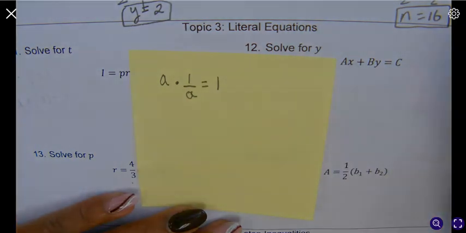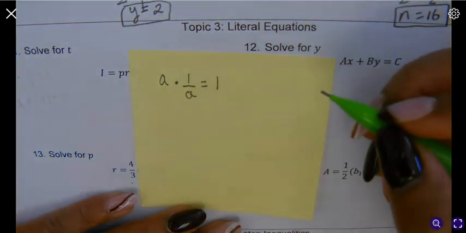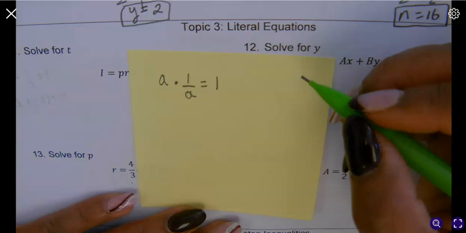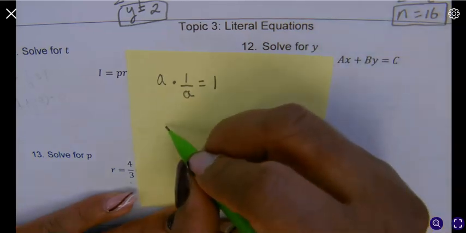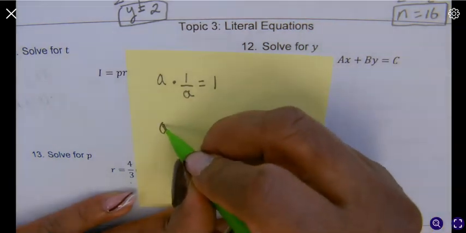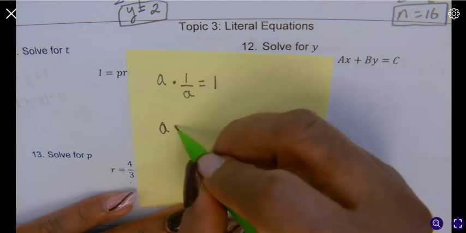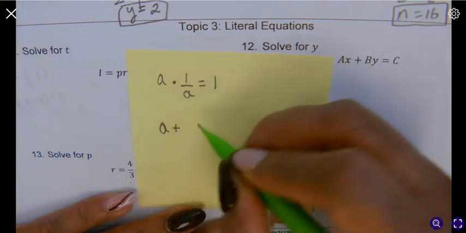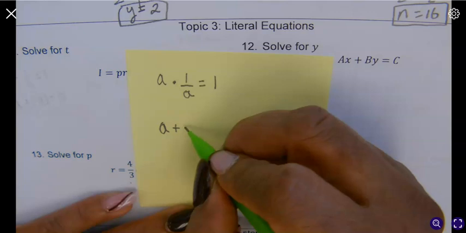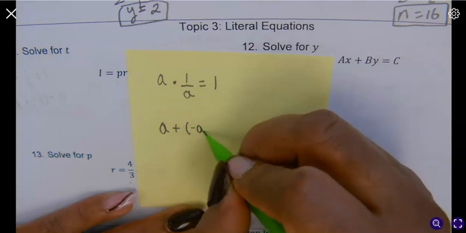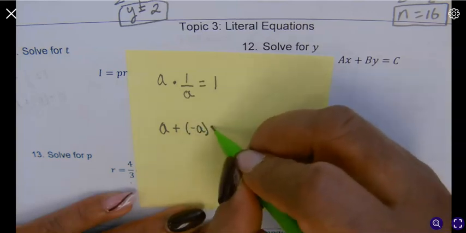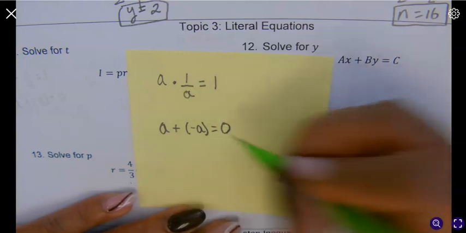Okay, so the a is gone and I'm left with 1. And then the other property is if you have a and you want to get rid of the a, you can add the inverse, which is the opposite, and then that gives you a 0.